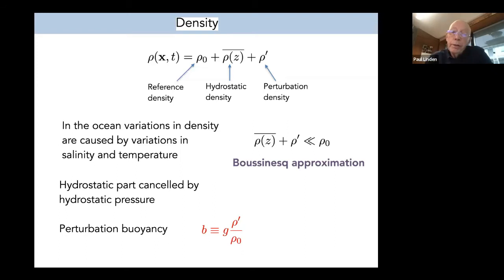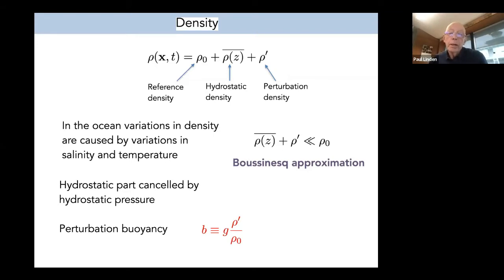And when we write down the equations, we deal with the hydrostatic part, the term rho bar, which is just a function of z, by cancelling it out with the hydrostatic pressure. I won't go into the details. So the thing that we're really concerned with from a dynamical point of view is the perturbation density, and it affects the dynamics through the buoyancy.